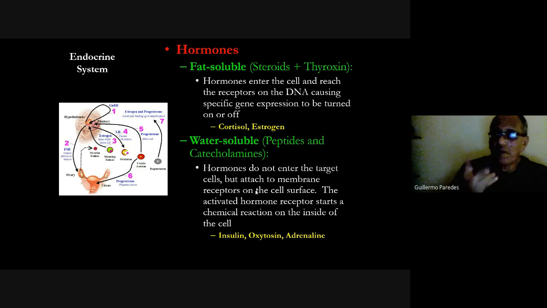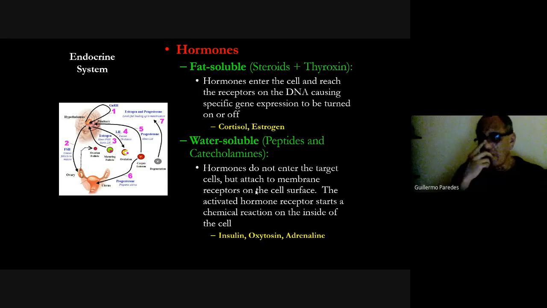So what I'm trying to tell you here is that hormones have a specific target. For example, we have LH. This is a hormone, the luteinizing hormone, that produces ovulation.